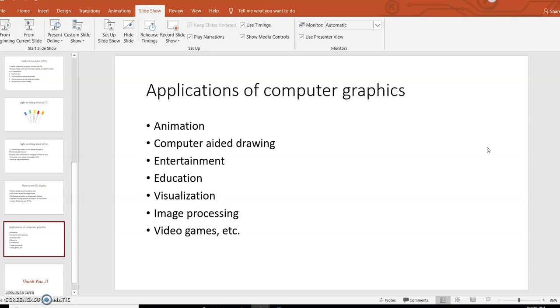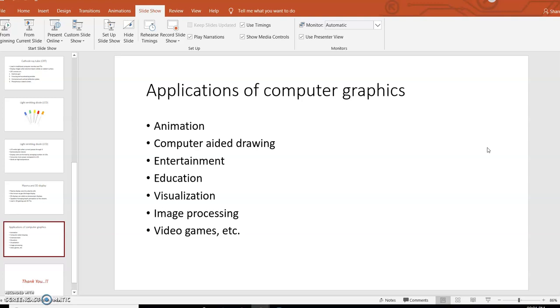These things combined produce some output for the end user, which will be very prominent and promising. The important thing is that the end user who is going to see the picture should get a proper, realistic view of whatever he is going to see.